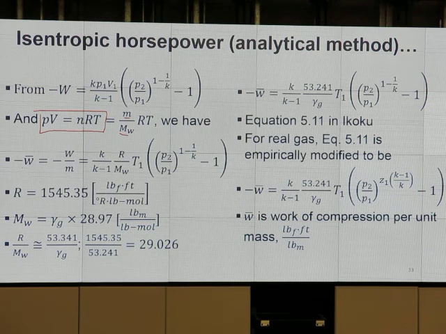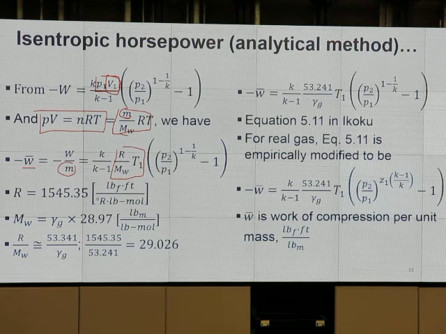I have W bar equal to, instead of volume V1, I put nRT over P. And instead of P1 V1, I put mRT over molecular weight. So I put mass on the other side, and I keep RT over molecular weight, like that.